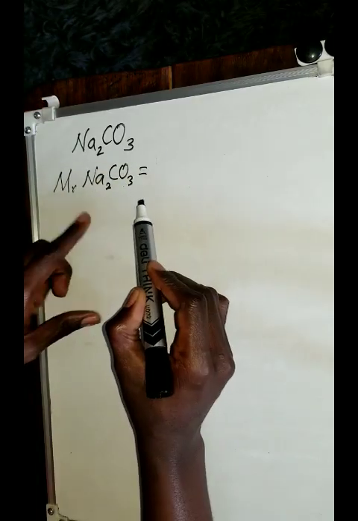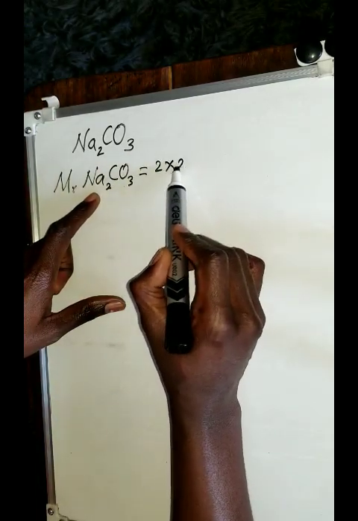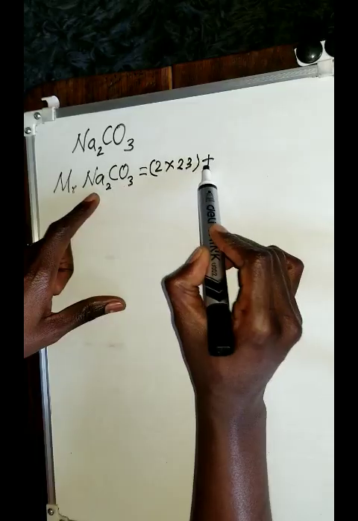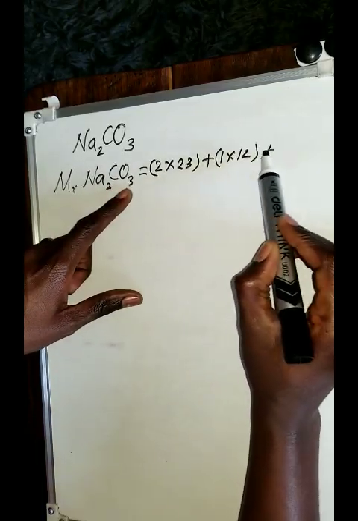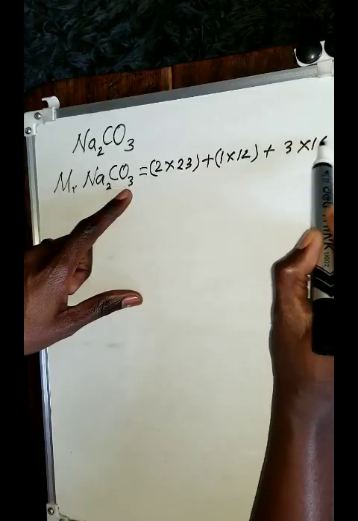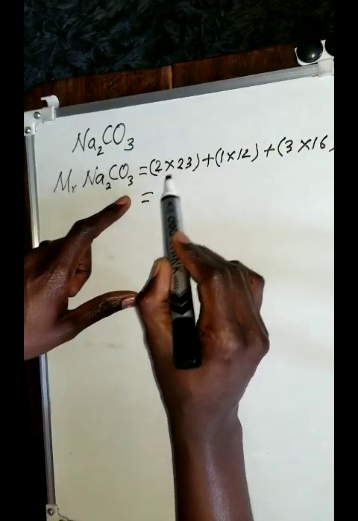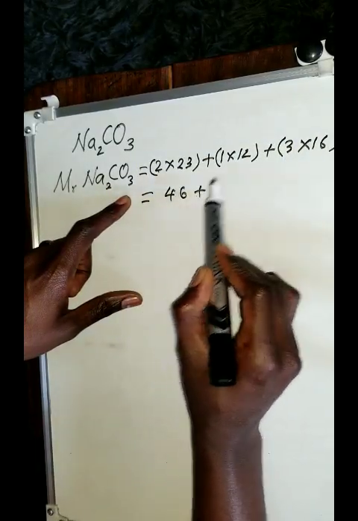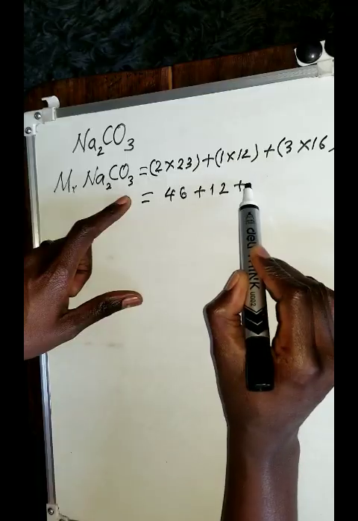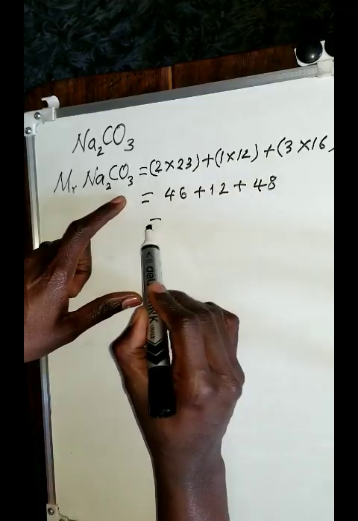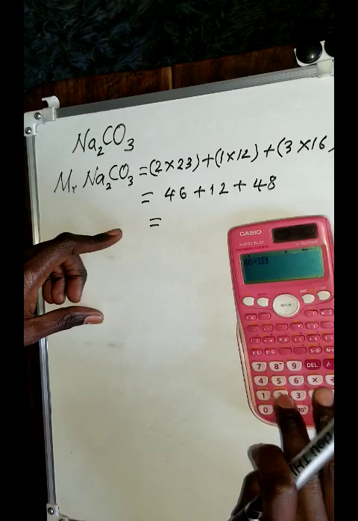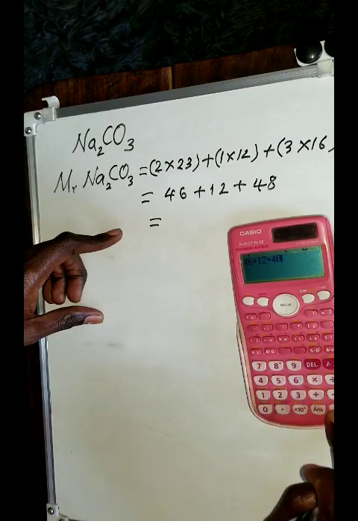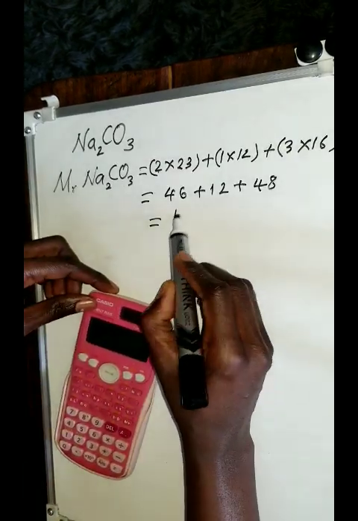There are 2 sodiums times the atomic mass 23, plus carbon, 1 times 12, plus oxygen, 3 times 16. That will give you 46 plus 12 plus 48, which gives you 106.